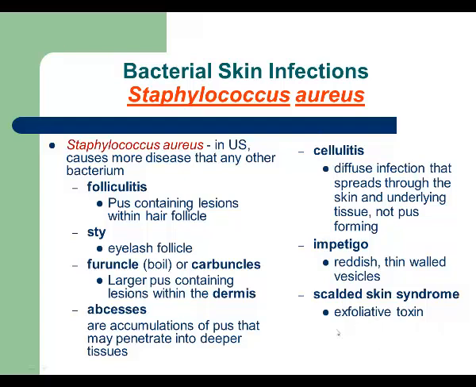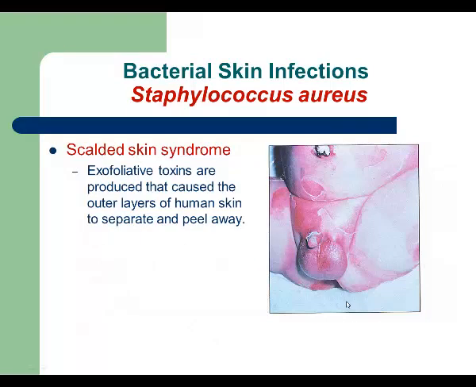And the last infection that can be caused by Staphylococcus aureus is called scalded skin syndrome. The causative agent of scalded skin syndrome will be a toxin. It's actually called exfoliative toxin.